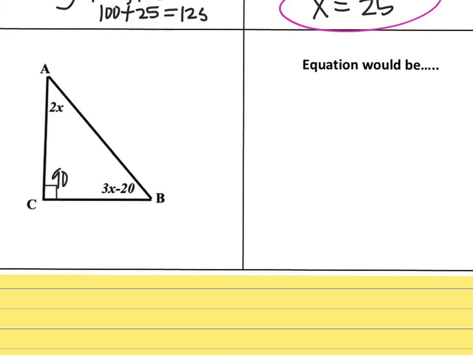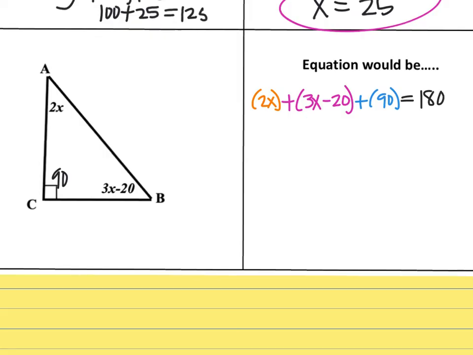Now when I go to build my equation, angle A is 2x, angle B is 3x minus 20. And then angle C is 90, so plus 90. And then together, it all equals 180.